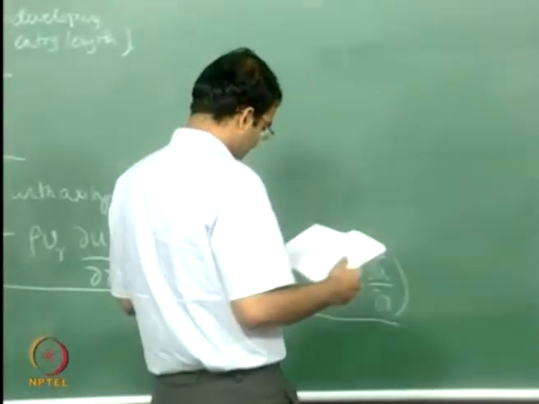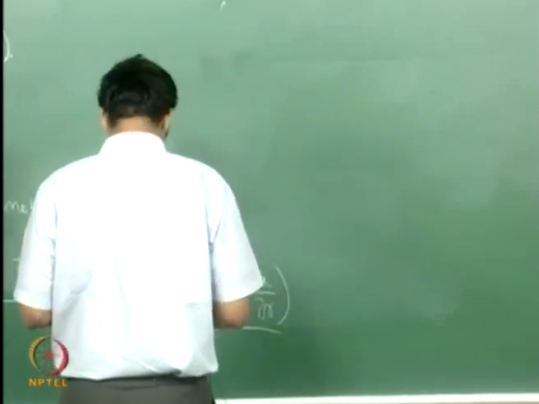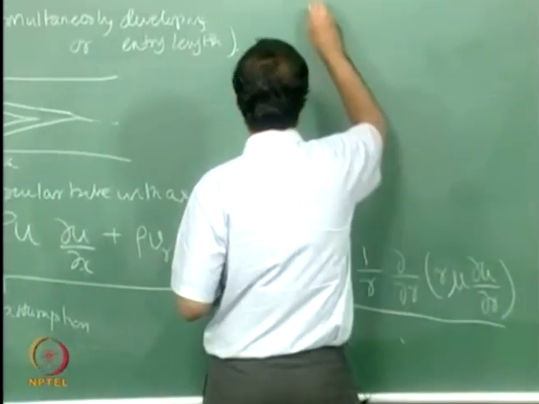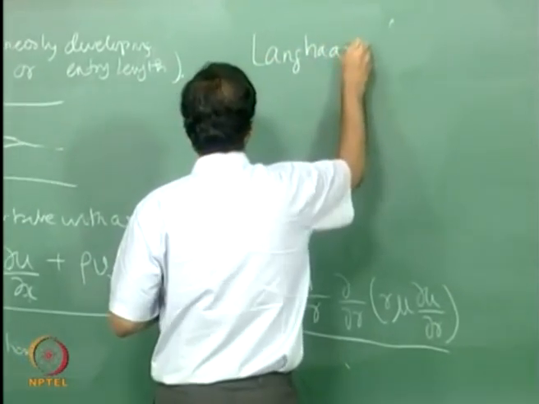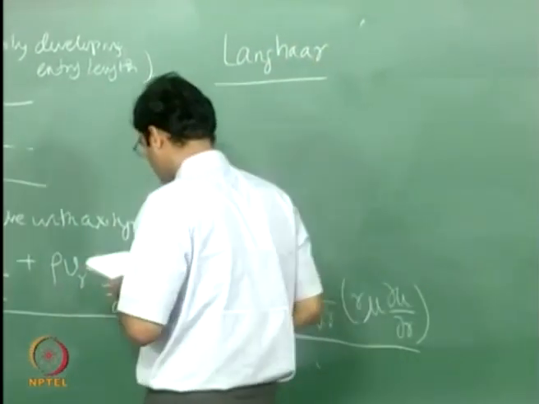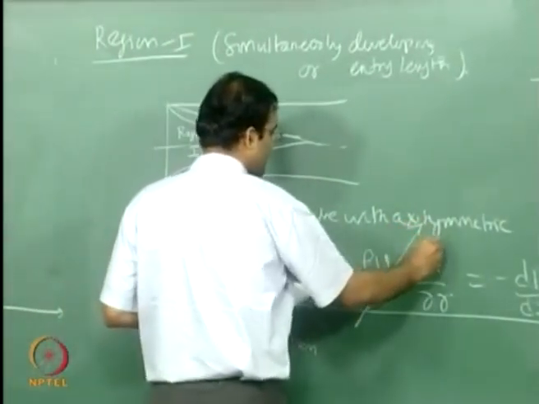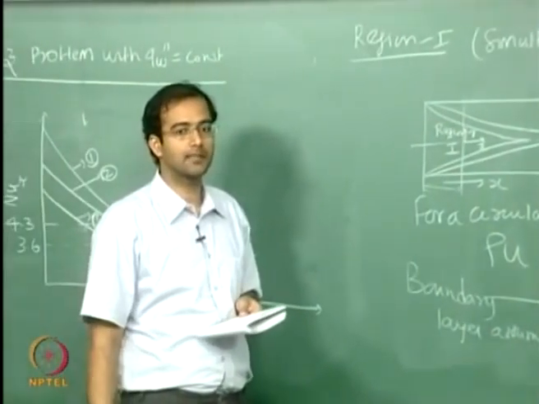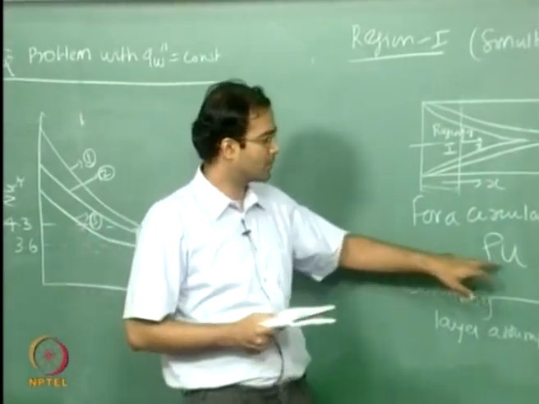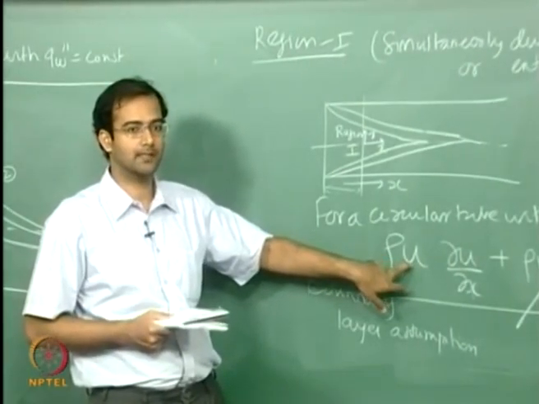But there was a person by the name Langhaar. What he did was, he even neglected the effect of radial velocity, that means he neglected this term straight away, okay, the big assumption, and then he took only the axial velocity variation into account with respect to x and r.